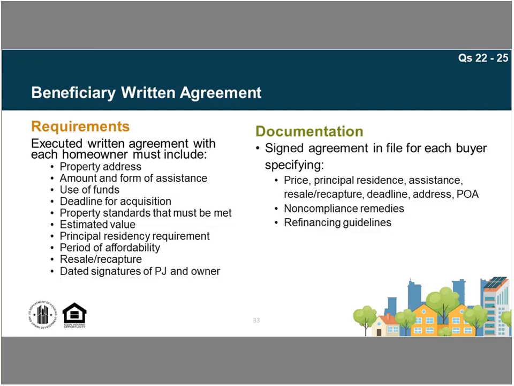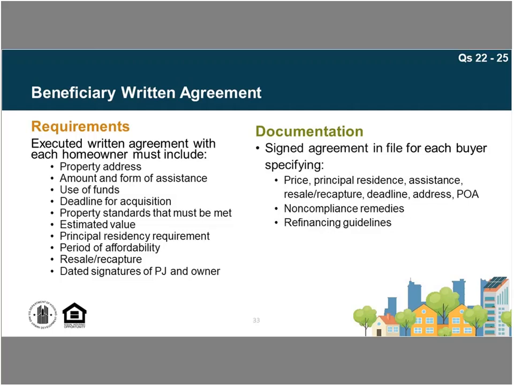And the documentation is obviously that signed agreement that specifies all those compliance requirements, but also includes non-compliance remedies and refinancing guidelines. I mentioned to you several times through this series that I consider written agreements to be one of the cornerstone management tools of the HOME program.